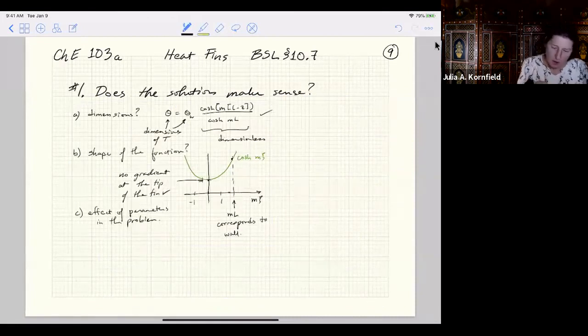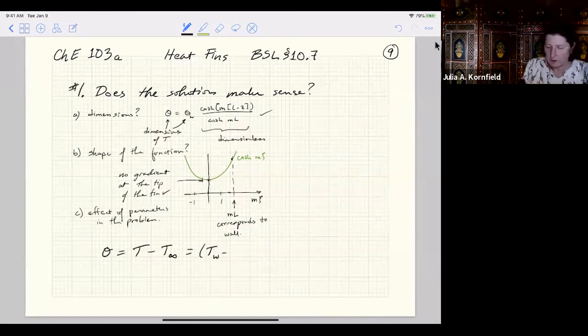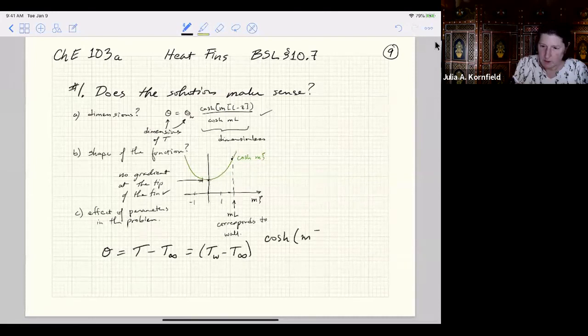Okay, so our solution in terms of theta is T minus T infinity, and that equals theta w, which is Tw minus T infinity, multiplied by cosh of m(L minus z). And recall that m is the square root of h over bk.